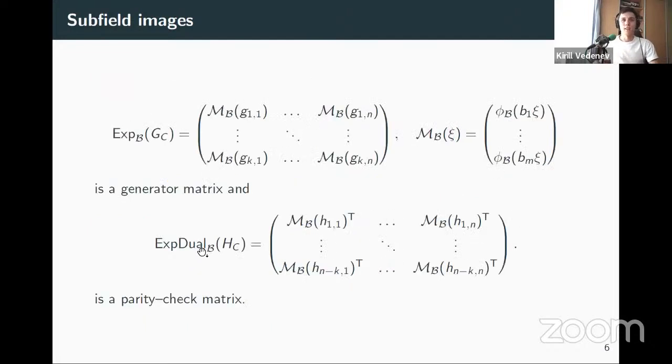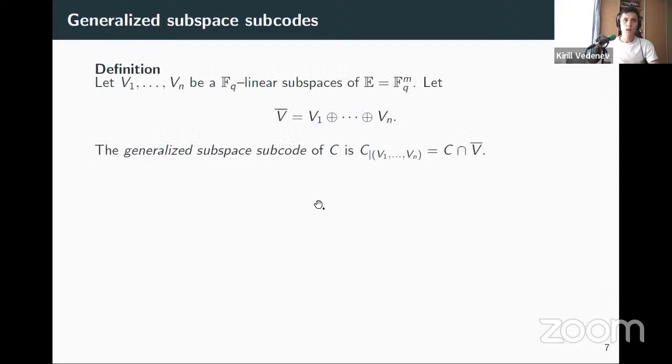That's it. And other types of block codes can be obtained by the generator and parity check matrices given as follows, and the other m-block codes with known parameters are generalized subspace subcodes. You can see the definition of generalized subspace subcode on the slide. We take some subspaces, and the generalized subspace subcode is just this intersection.